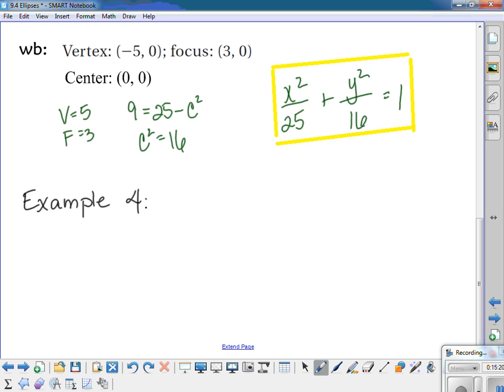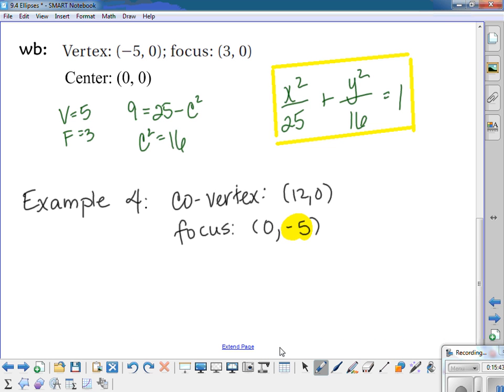So this will be example 4 in your notes. All right, so again, we're going to stick with the center at 0, 0. The co-vertex is going to be at 12, 0, and the focus is at 0, negative 5.